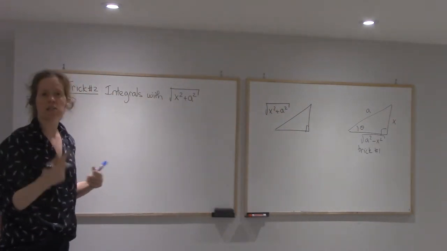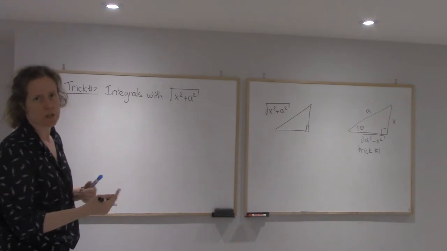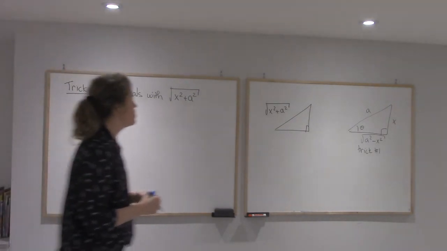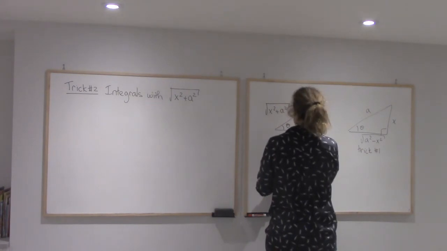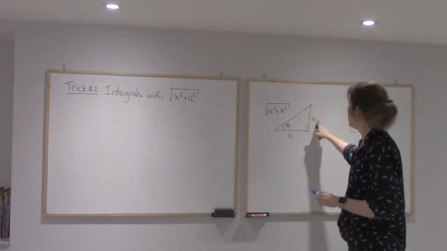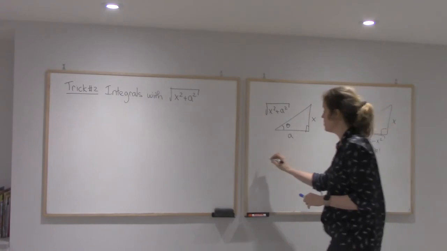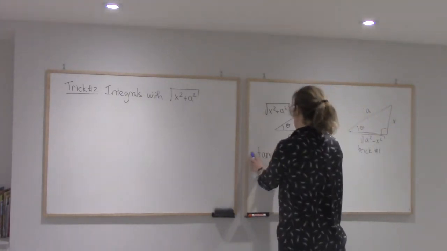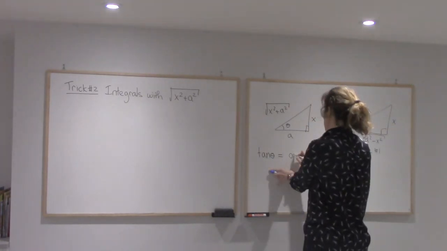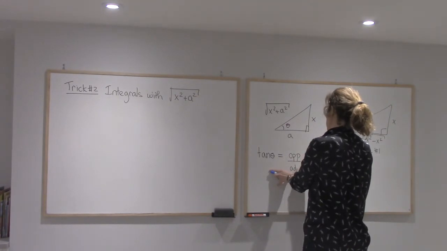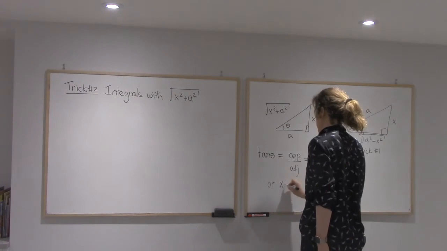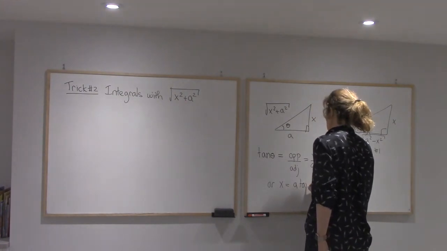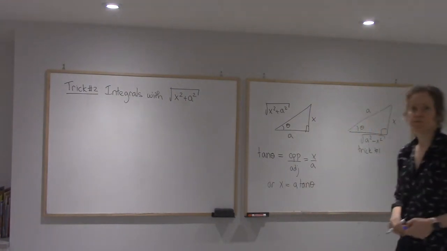And so then I get to choose which side is x, which side is a. Well, just to make life easier, I'll take x to be here and a to be here, so that tan theta is opposite over adjacent, is x on a, or x equals a tan theta.